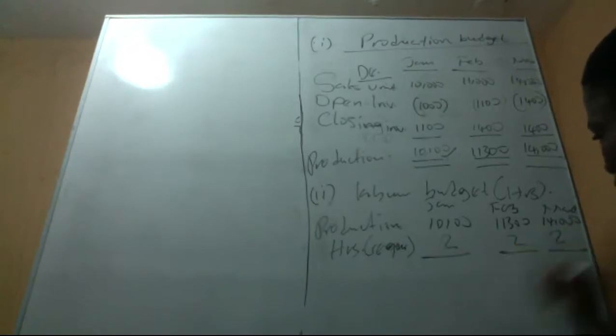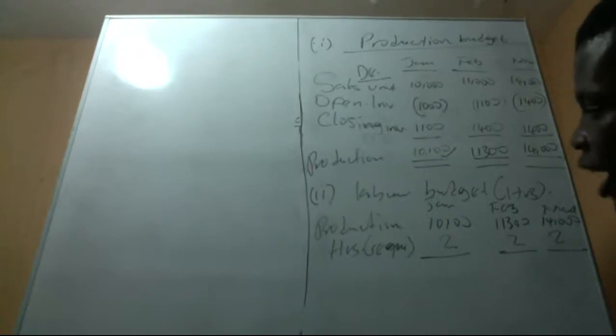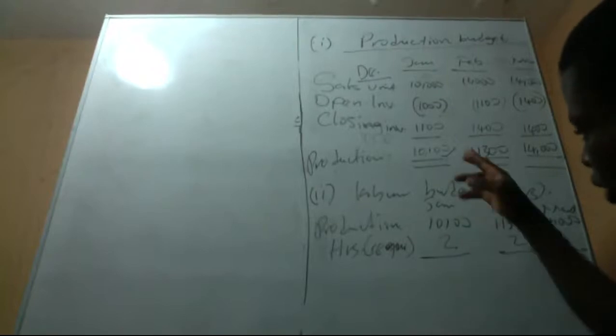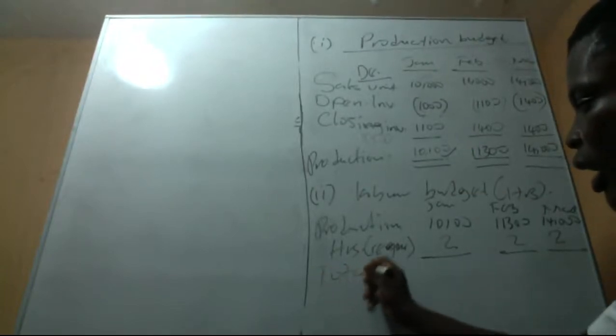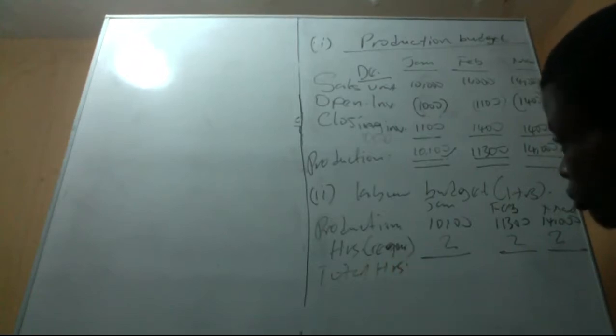So in total, how many hours do we have to make available to produce this? So this is the total hours budget.